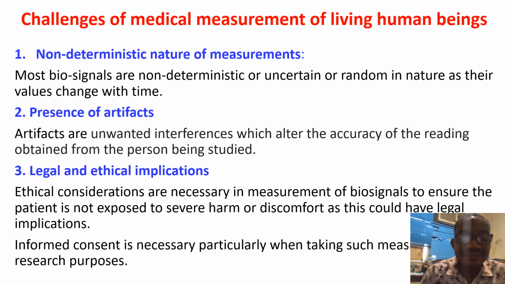And while taking such measurements during research, it's important that you get informed consent. The person that is being measured should be able to give his informed consent. That will aid you against any kind of issues that may arise in the future.